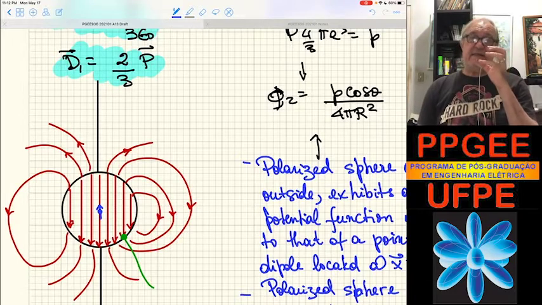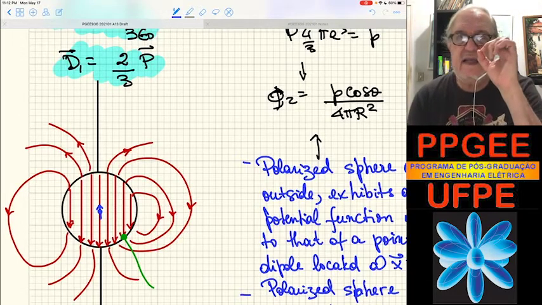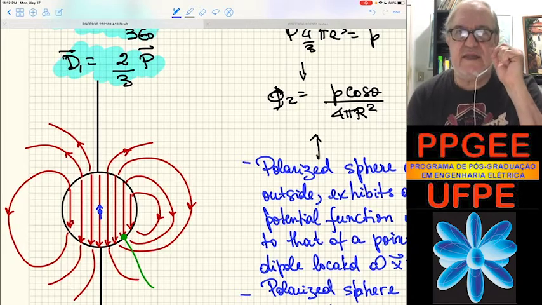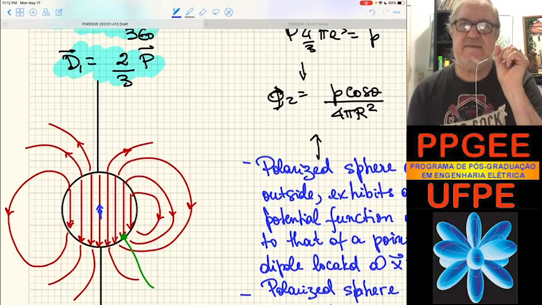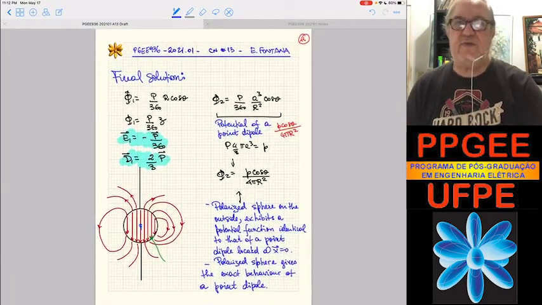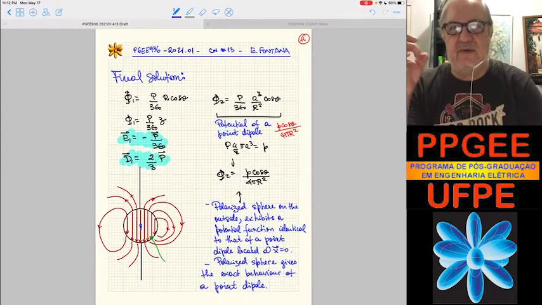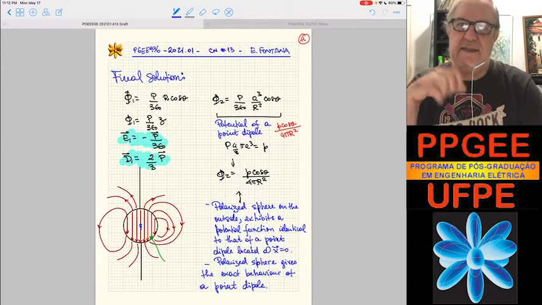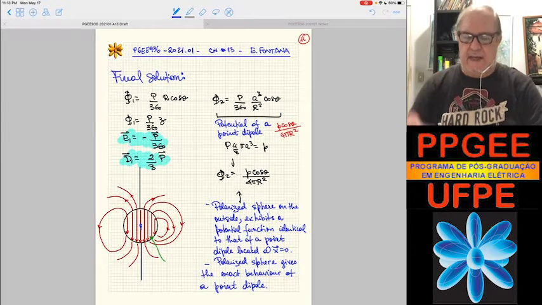So a uniformly polarized sphere is a perfect representation of a point dipole. It gives the correct potential outside. Okay? That's a nice way to build or to simulate a point dipole. Just build a sphere and make it uniformly polarized. You have the exact representation of a point dipole. Okay?